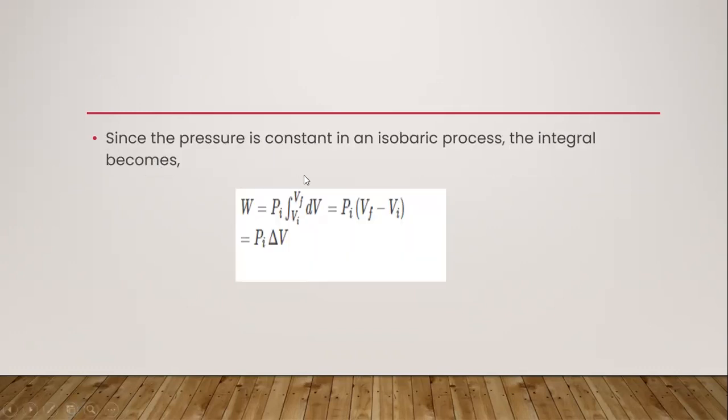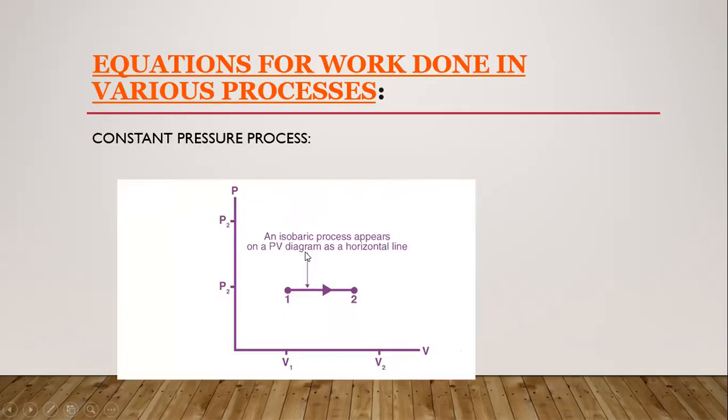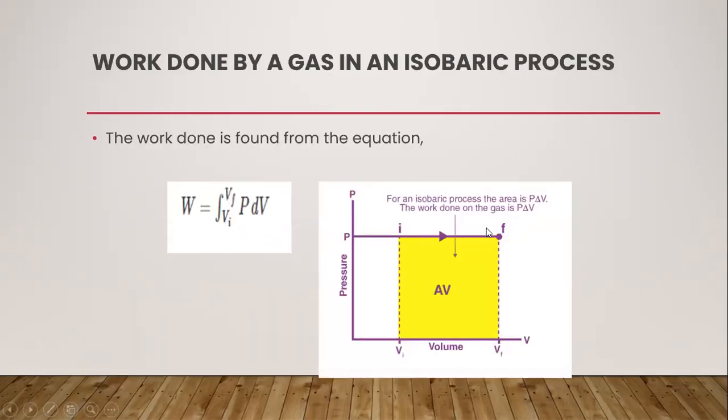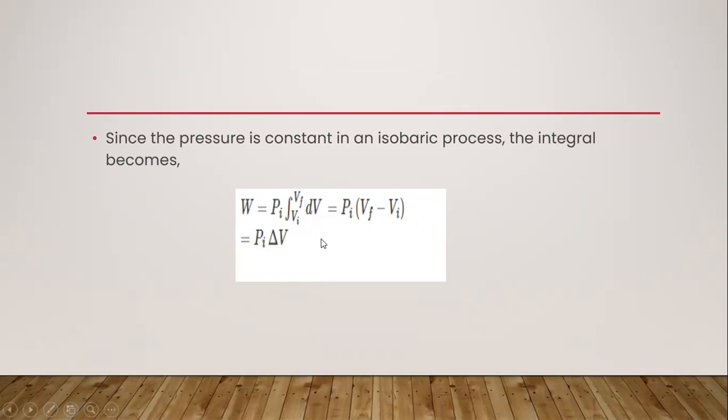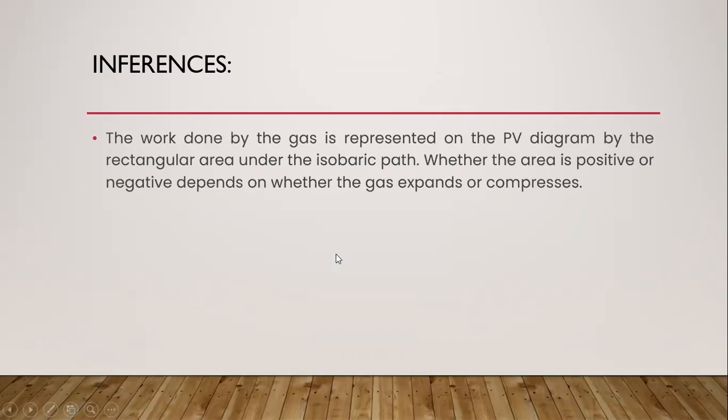In this case, P into delta V is greater than 0. The work done is positive because the volume expands from V1 to V2, initial volume to final volume. So work done is positive, it is not negative. Suppose if P into delta V is less than or equal to 0, then it is a negative work done. But in this case, it is a positive work done, an expansion process.